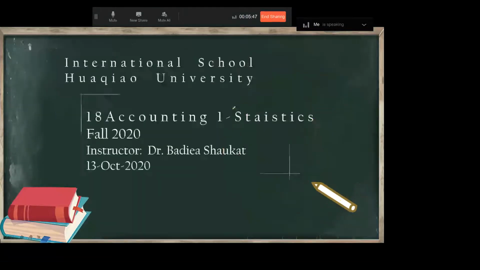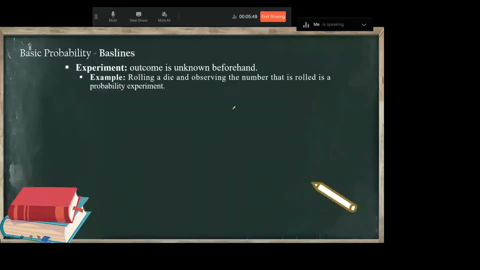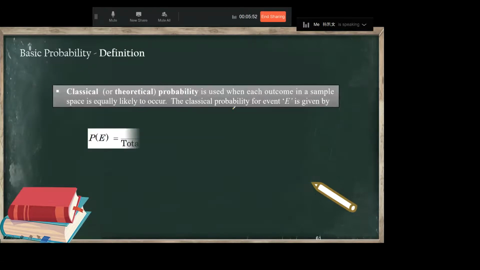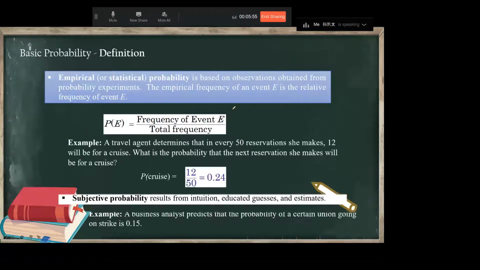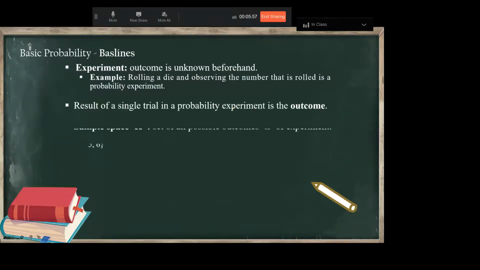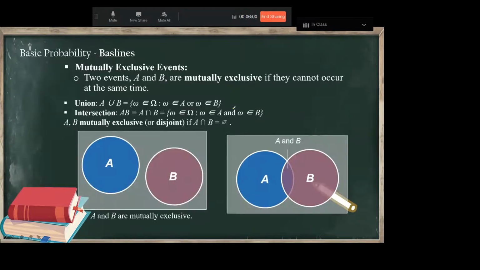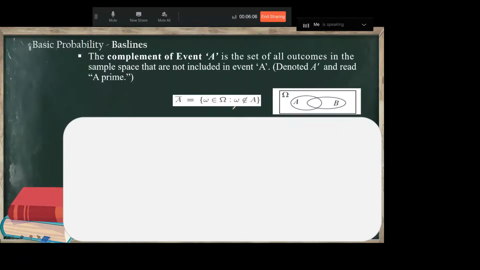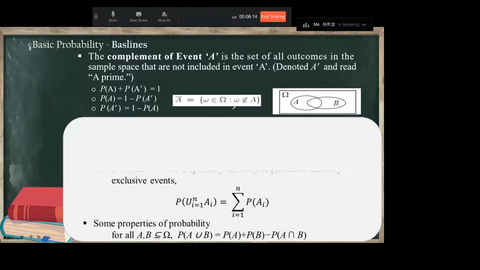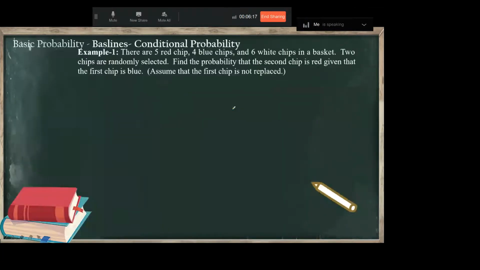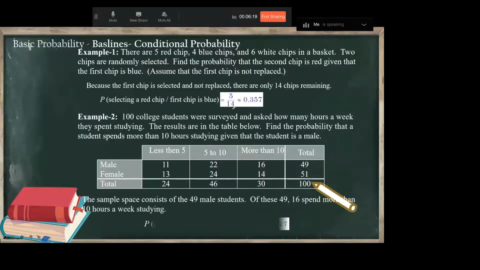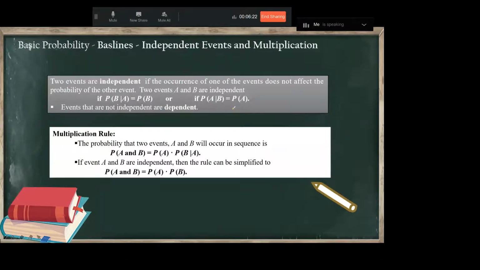If you move back a bit in the slides, we have covered all these: empirical probability, what a mutually exclusive event is, what the sample space is, contingency tables, frequency tables, joint probability, marginal probability, conditional probability, and also the addition rule, sorry, the multiplication rule. We have done this in probabilities.